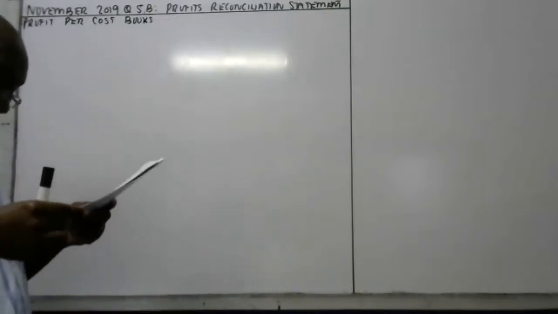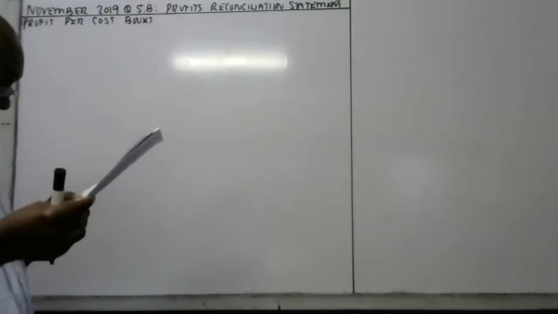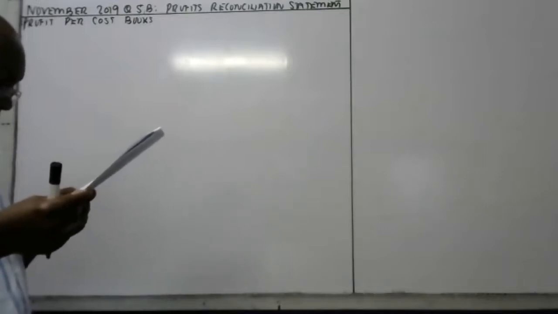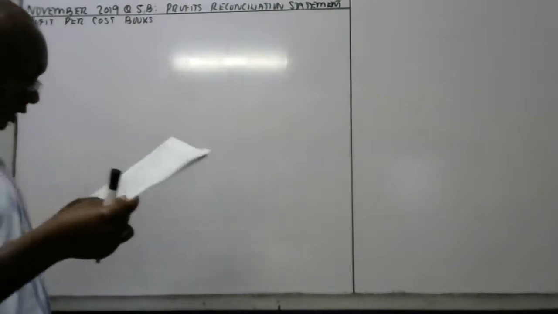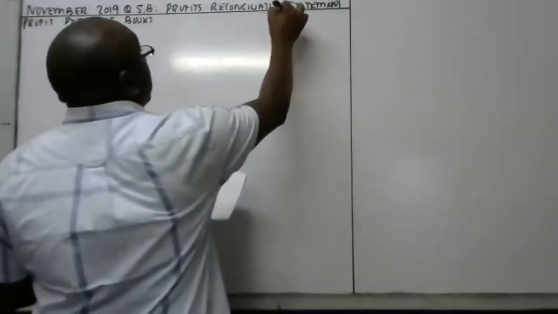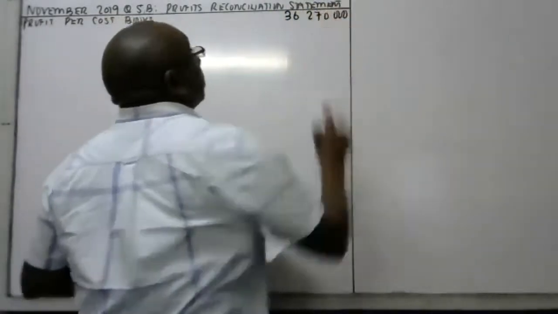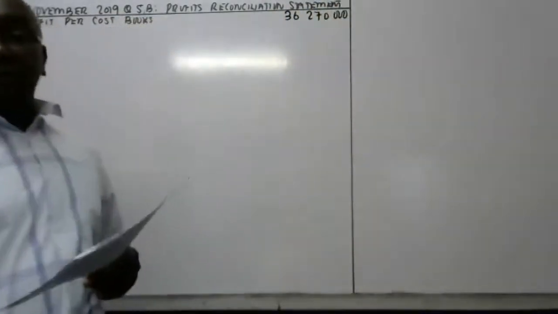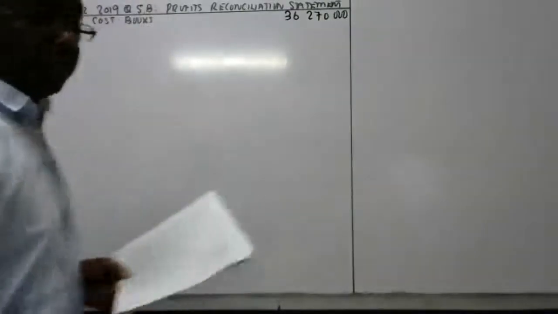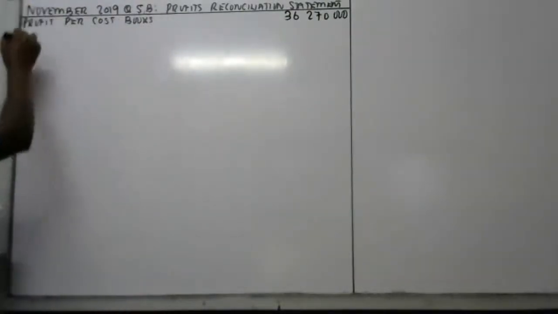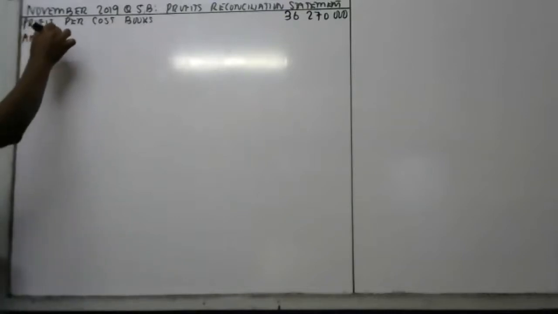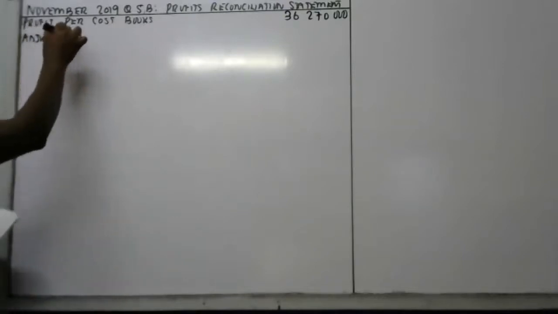We are told in the cost accounting, it was 6,270,000. That is the profit per cost books. So we bring the adjustments.